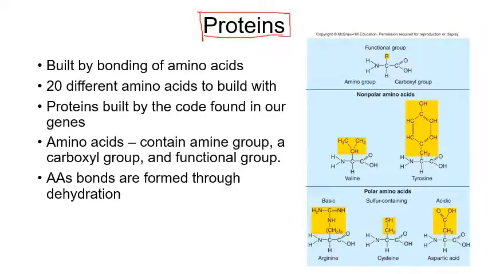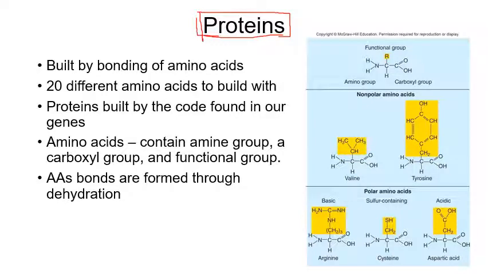So, you know how important DNA is, so you can imagine how important these proteins are. We have all that DNA, and basically that DNA is codes to put together all the various proteins in our body. And we make tens of thousands of proteins.